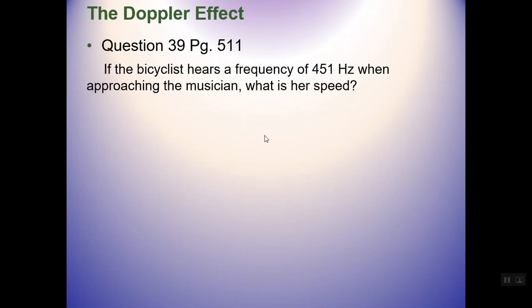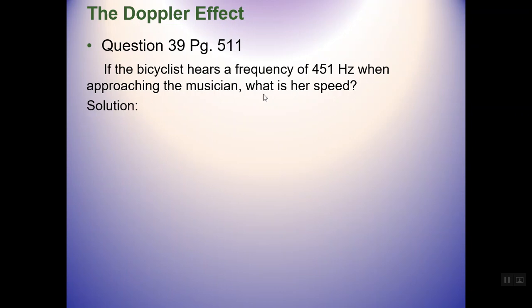Now we need to solve question number 39 on page 511. It's also related to this example. If the bicyclist heard a frequency of 451 Hz when approaching the musician, what is her speed?